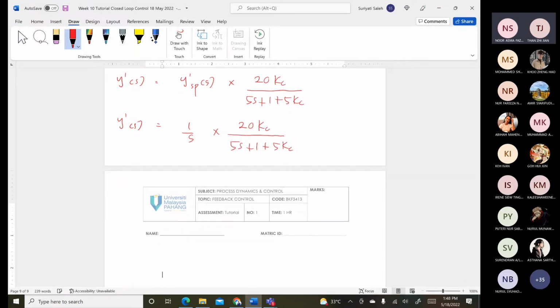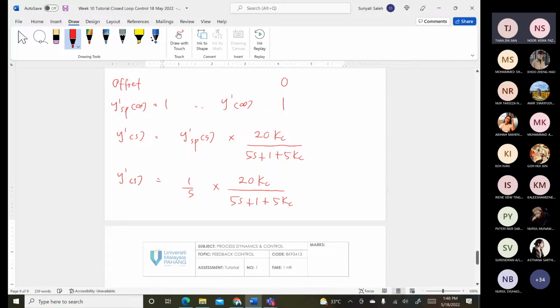Why do we want to use that one? Because of the final value theorem. According to the final value theorem, y prime infinity, s approaching 0, equals s multiplied with 1 over s multiplied with 20 Kc over 5s plus 1 plus 5 Kc, equal to 1.